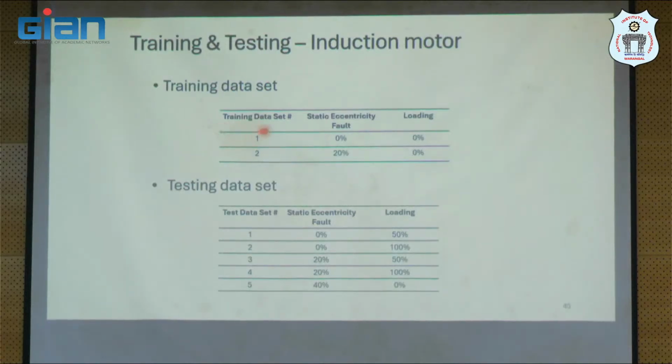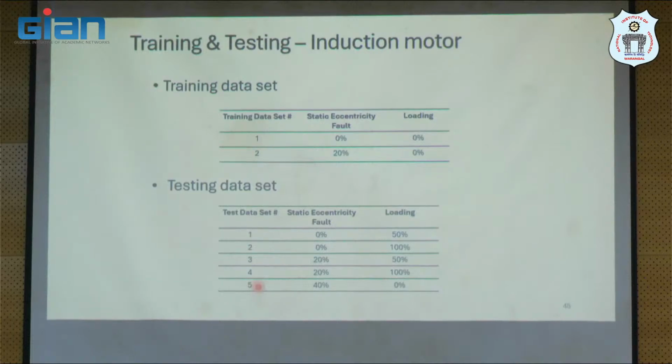My training data set, basically my I alpha, I beta for training purposes, were obtained from healthy condition at no load and 20% static eccentric condition at no load. And then I tested 5 different data sets.